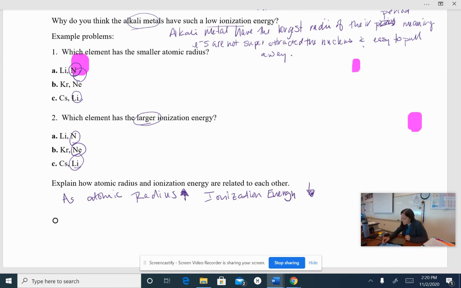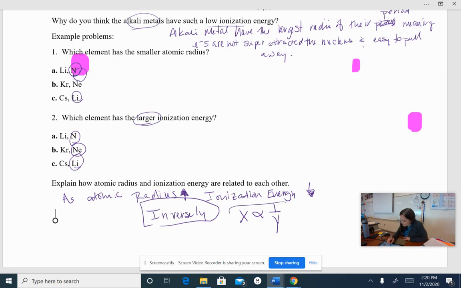So they are inverse. They are related inversely. So as one gets larger, the other gets smaller.